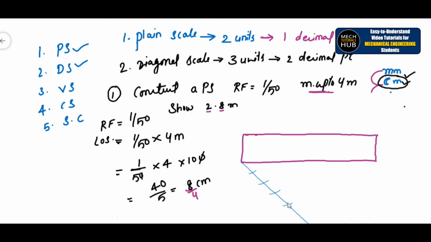Okay, so from here we need to join with the last. Again draw. Now you need to align your drafter to this particular point and this point. Align your drafter, tighten the knob, and draw a straight line, and keeping that alignment, parallel to this line drag one more.